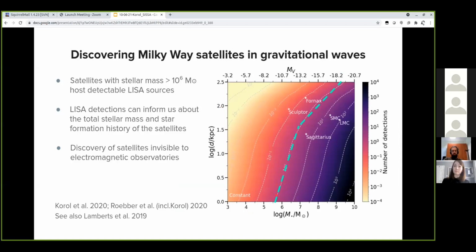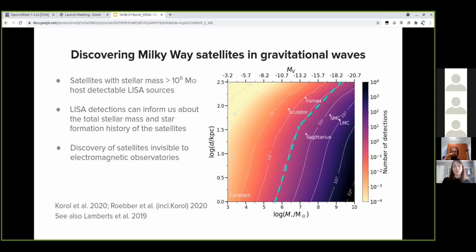So from this plot, what we've learned is that LISA can potentially detect satellites with stellar mass higher than 10 to the 6 if they are located within a couple of 100 kiloparsecs from us. So as an example, we have the Magellanic Clouds and the Sagittarius galaxy represented with stars.